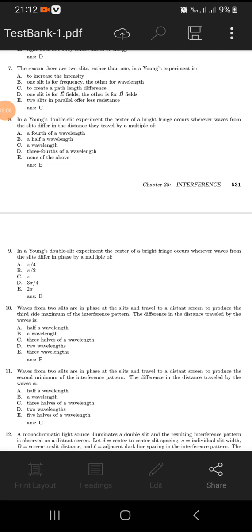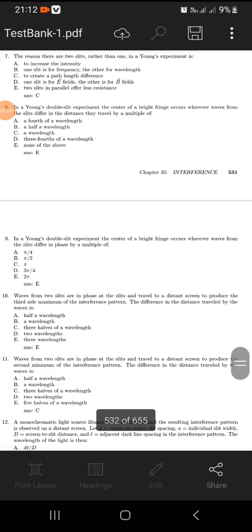It's not a fourth, it's not a half, it's a wavelength. Phase differing by a multiple of 2 pi, and 2 pi is 360 degrees.